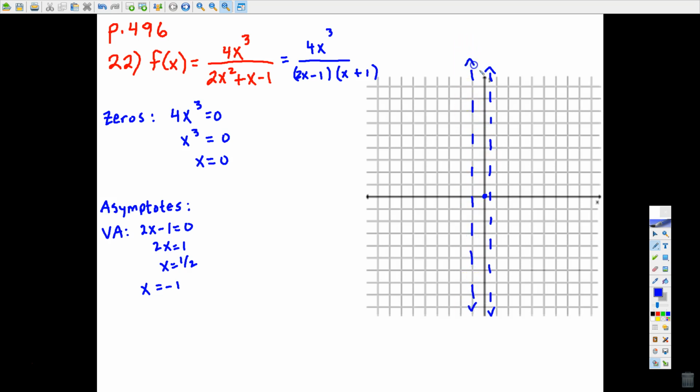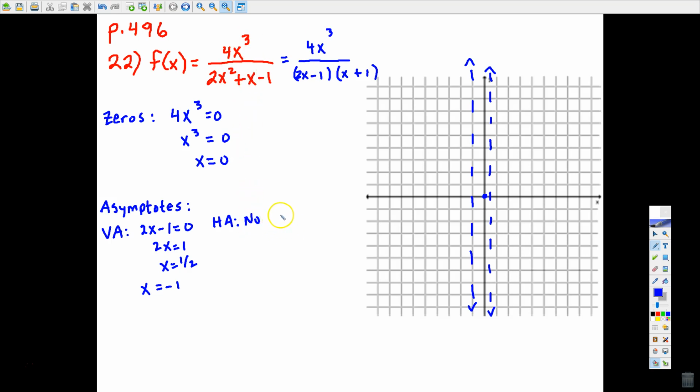Okay. So let's see, I don't have a horizontal asymptote because the degree of the numerator is larger than the degree of the denominator. But I do have an oblique asymptote because the degree of the numerator is 1 more, and I can't cancel anything between the numerator and the denominator. There are no common factors.